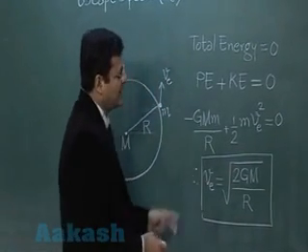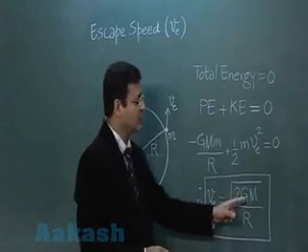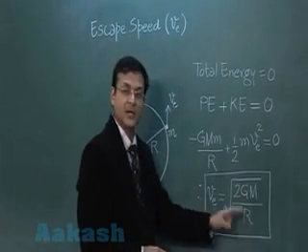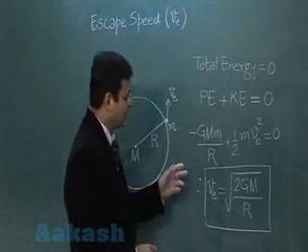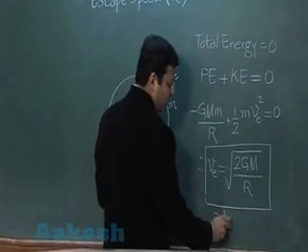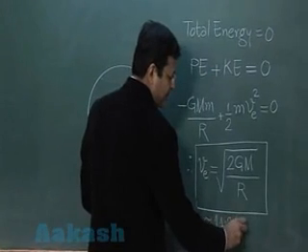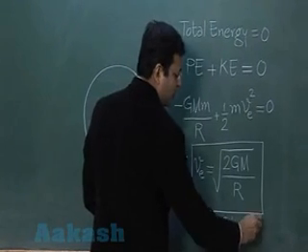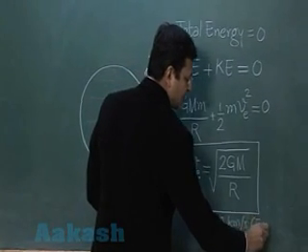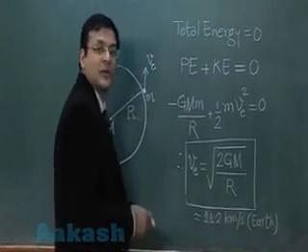If you look at the value of this escape speed on the surface of the earth, in case you substitute the value of capital G, capital M, capital R, you will find this is approximately 11.2 kilometer per second for the earth. For the surface of the earth, this value is 11.2 kilometer per second.